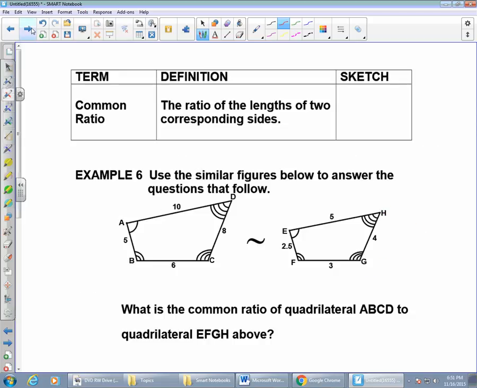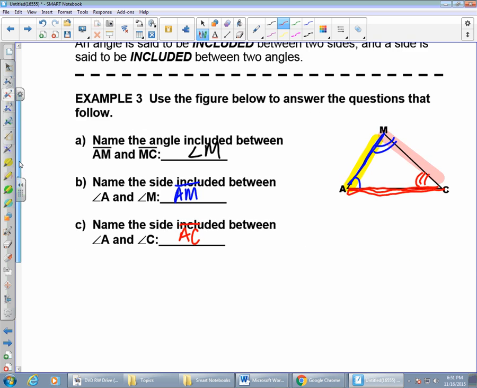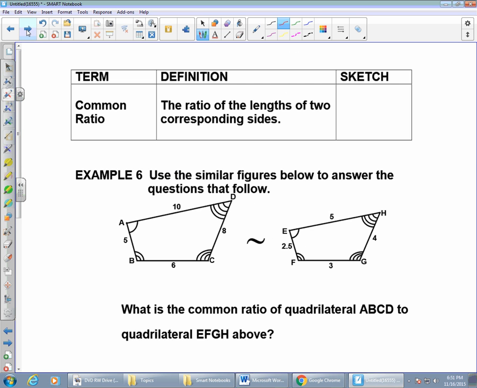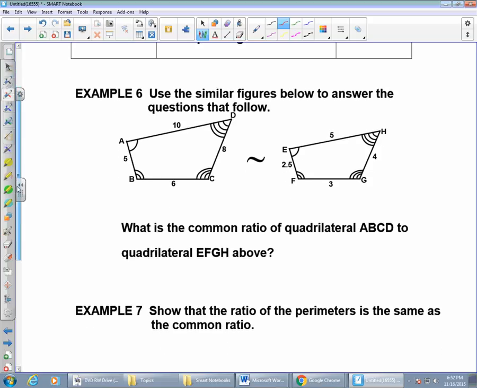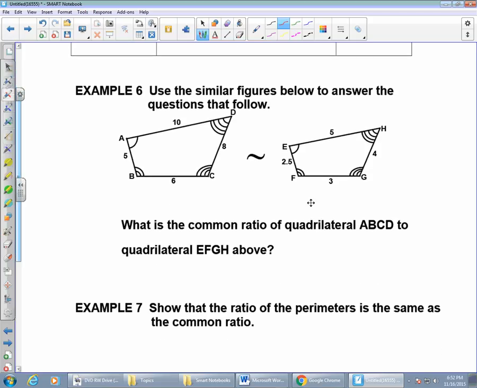Okay, the next thing we're going to talk about is the common ratio. The common ratio is the ratio of the lengths of two corresponding sides. Use the similar figures below to answer the questions. What is the common ratio of quadrilateral ABCD to quadrilateral EFGH? We're going from the big quadrilateral to the little one, so I look at the sides that correspond.